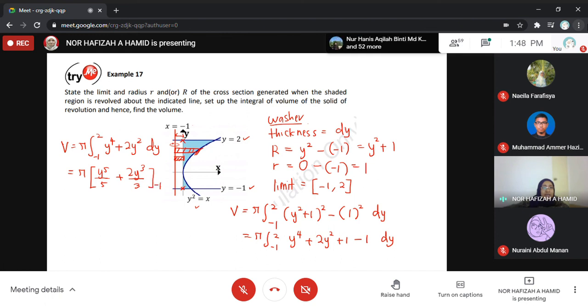Okay, so negative 1 until 2. Okay, so pi. Nanti you masuklah upper boundary dia minus with the lower. Okay, so substitute semua. Lepas tu nanti you kira, you can dapat answer equal to 63 over 5 pi unit cube.